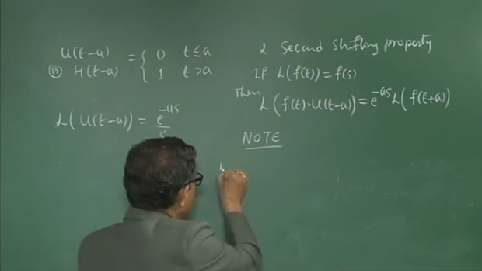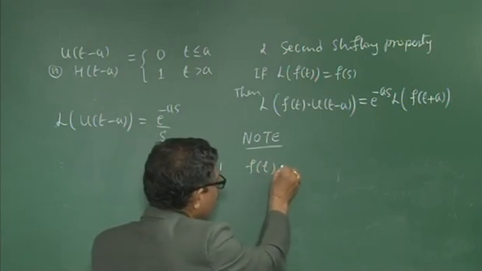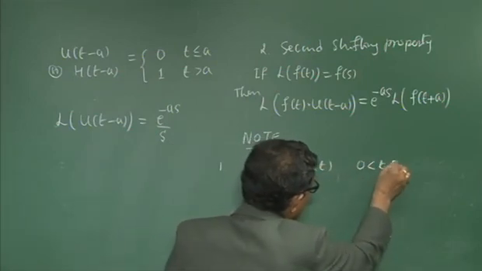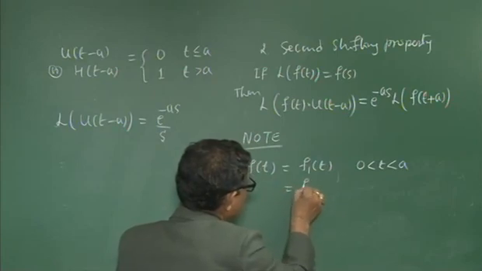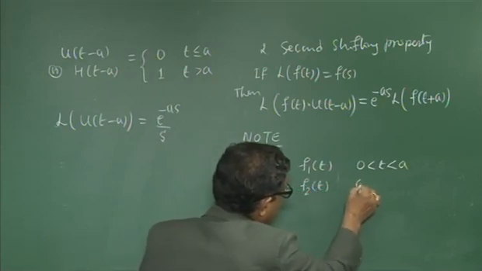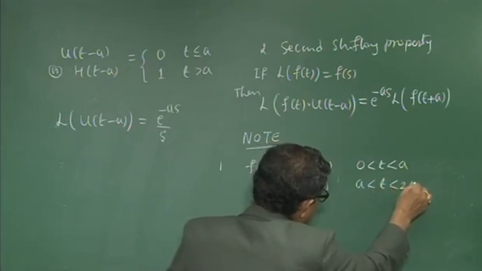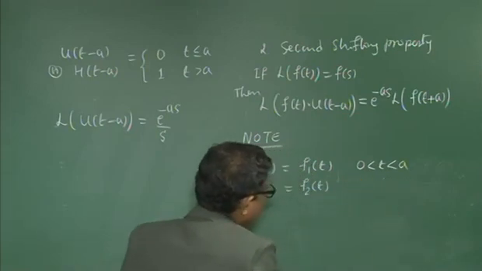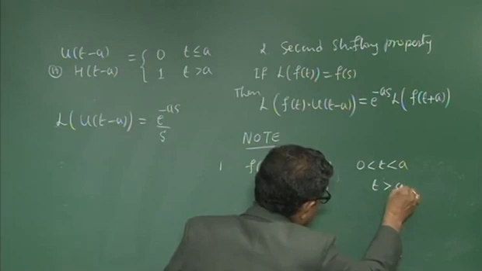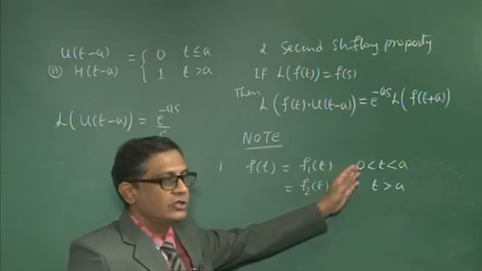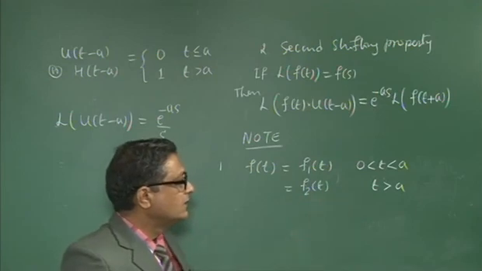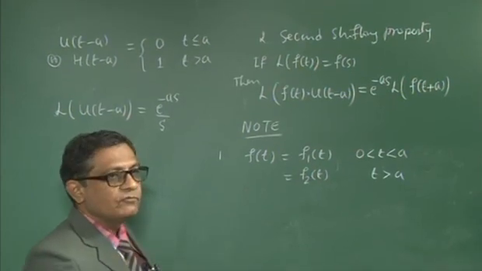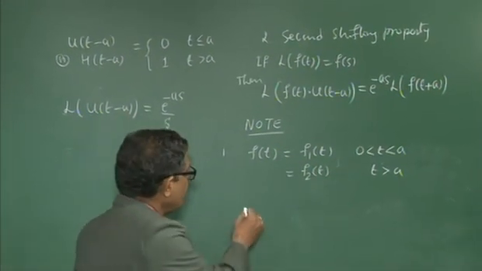First one is, if the function f of t is f1 t, which is defined in the interval 0 less than t less than a, and is equal to f2 t for t greater than a, then you can express this function in terms of unit step function.